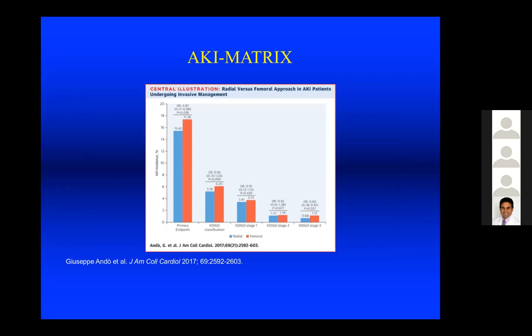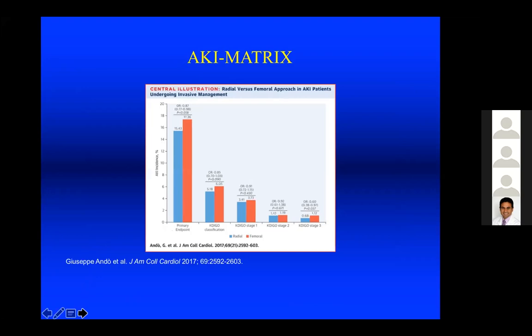So they went back and did a randomized study, AKI-MATRIX. And you can see the primary endpoint was reached less often in the radial compared to femoral. So contrast volumes end up being similar.